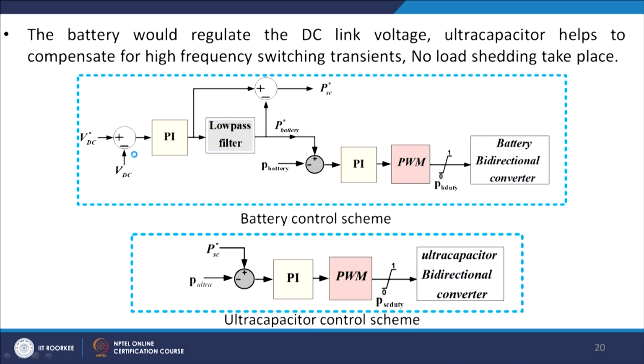Now, the battery would regulate the DC link voltage. The ultracapacitor helps to compensate for high frequency switching transients and low loading, no load settings. So, this is the concept of my battery control scheme.